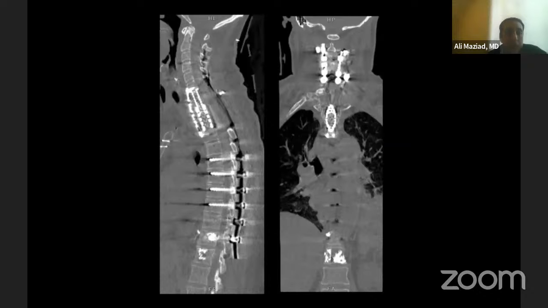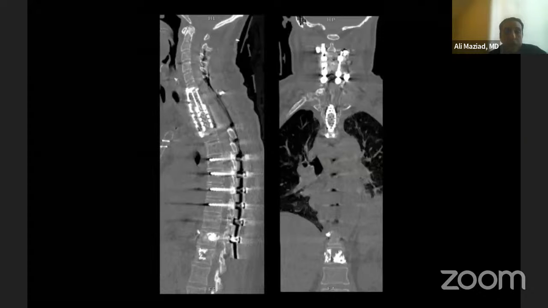But she had pretty good outcomes, and her ODIs and motor function were pretty well preserved after surgery. So it's not much of a deformity case as much of a pretty tough pathology to deal with. It involved corpectomy at multiple levels, and also understanding the concepts of deformity correction to have an overall good alignment for her after surgery.